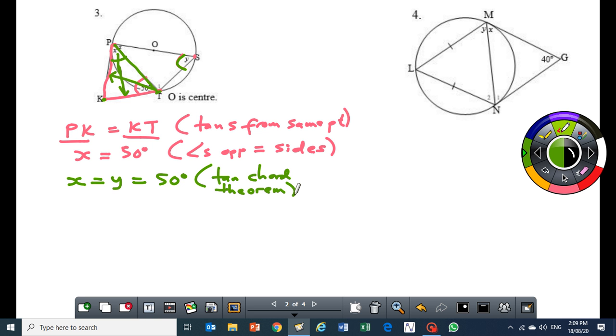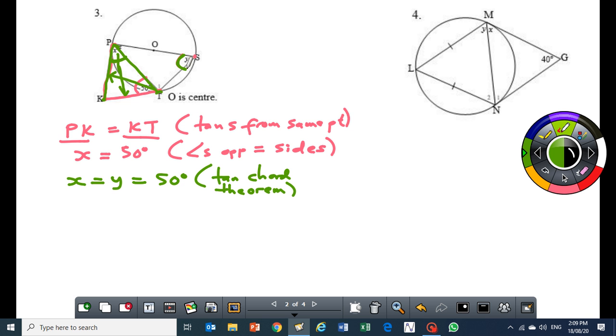X is equal to Y because this tangent PK and chord PT form angle X. At the same time, chord PT subtends angle S, which is equal to Y. Therefore, X is equal to Y based on theorem 9, which is the tangent theorem.